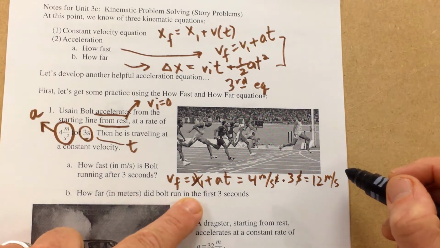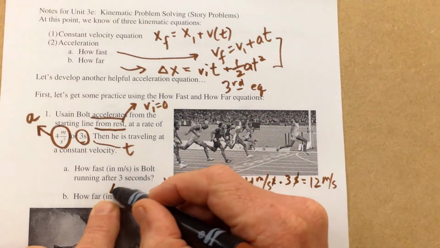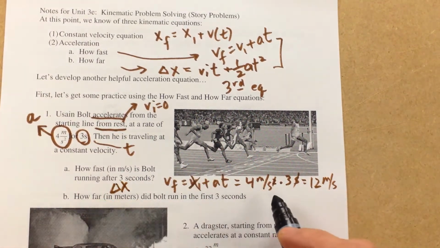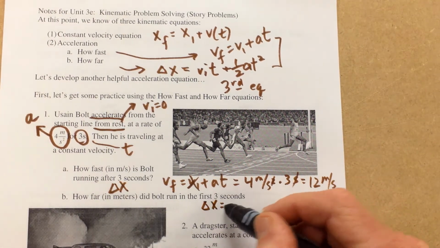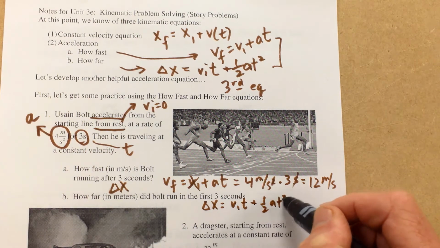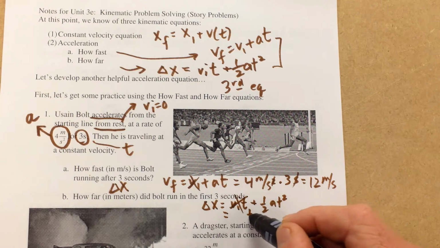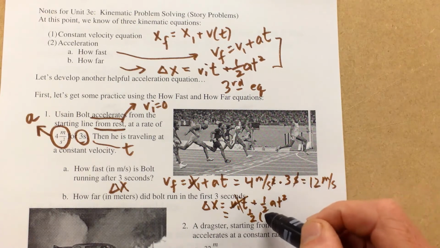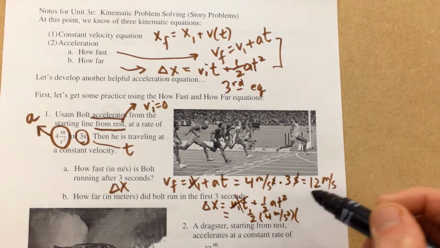How far did he run in those 3 seconds? How far represents a delta x idea, displacement. So that's our how far equation. Delta x equals VIT plus 1/2 AT squared. This term goes away, and we're left with 1/2 times A. That was 4 meters per second squared, times the square of our time.